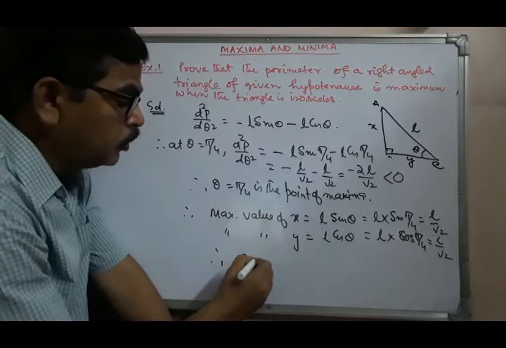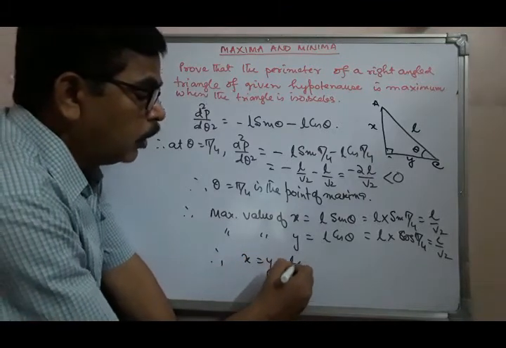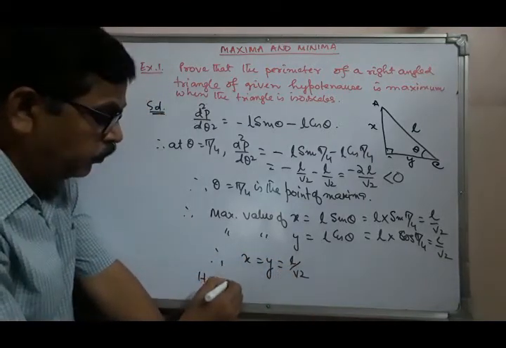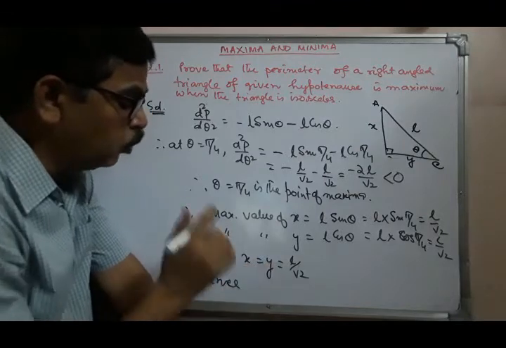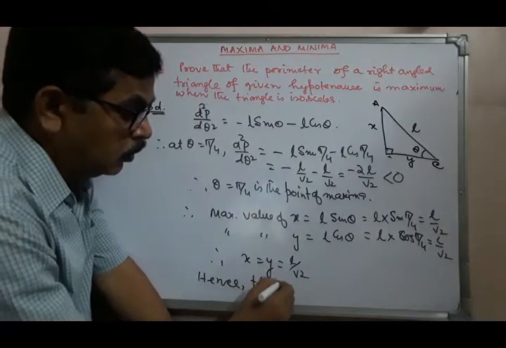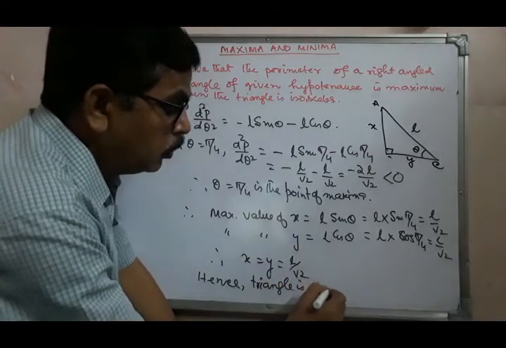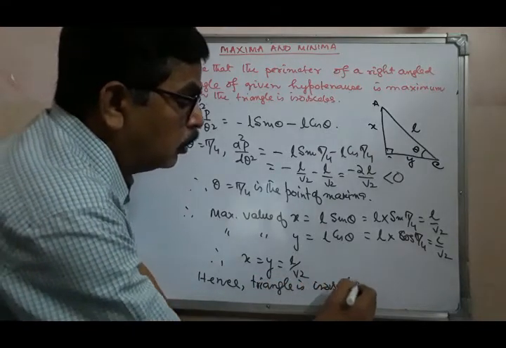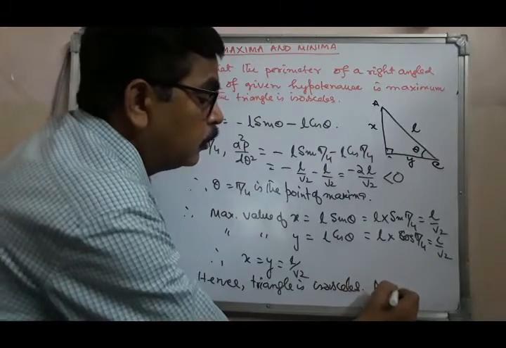Therefore X equals Y equals L by root 2. Since two sides are equal, hence the triangle is isosceles. Proved.